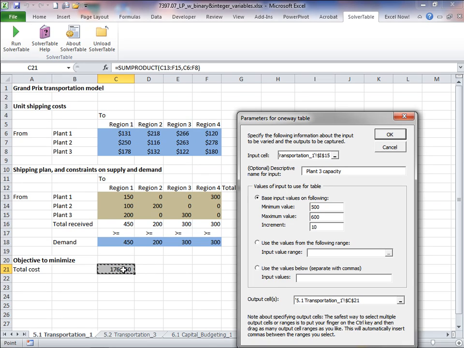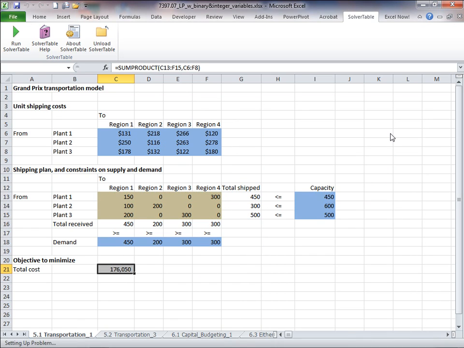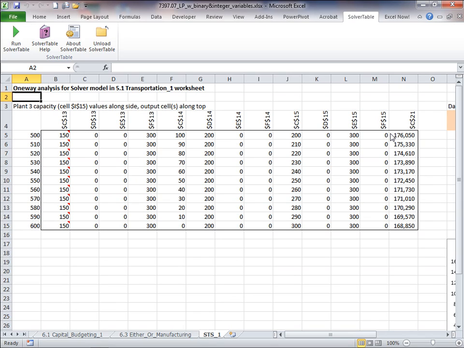So I'm going to go ahead and pick up the entire matrix here. Actually, I should have done this the other way. I should have started with, there we go. Okay. So now I'm going to run it. And there's my answer.